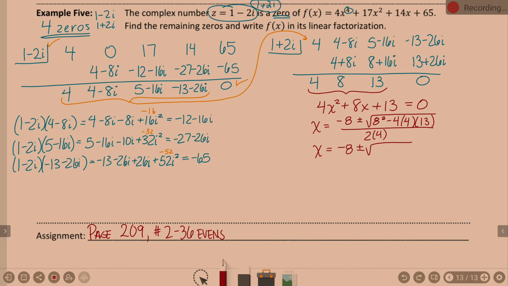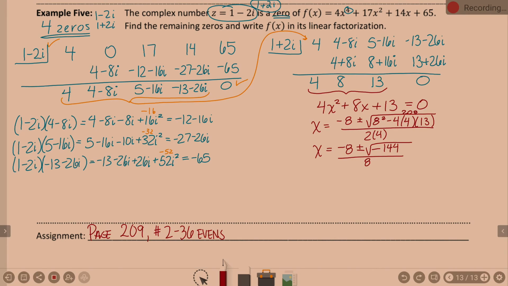I don't know what 4 times 13 is. 52. Oops. Would it be negative 208? Mm-hmm. So that's 208 there. So then you're doing 64 minus 208. 144. It is. Nice. All over 8.